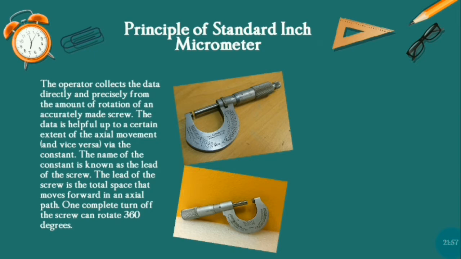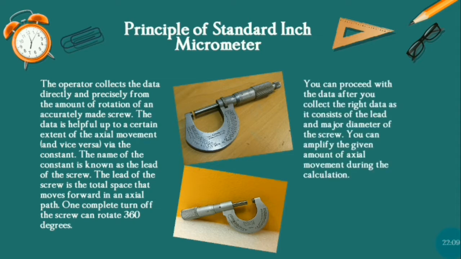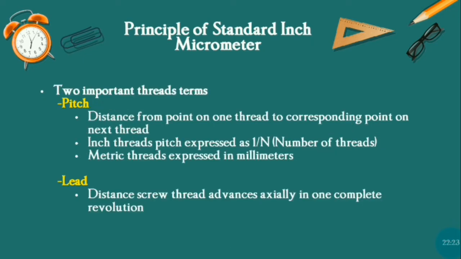The lead of the screw is the distance that moves forward in an axial direction. One complete turn of the screw rotates 360 degrees. You can proceed with the data after you collect the right data, as it consists of the lead and major diameter of the screw. You can amplify the given amount of axial movement during the calculation.